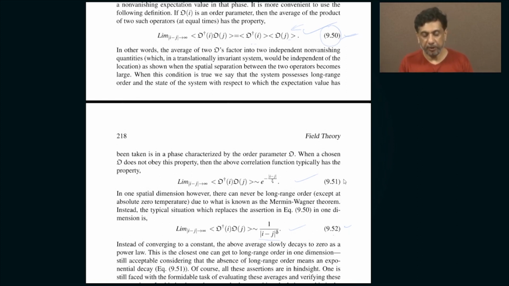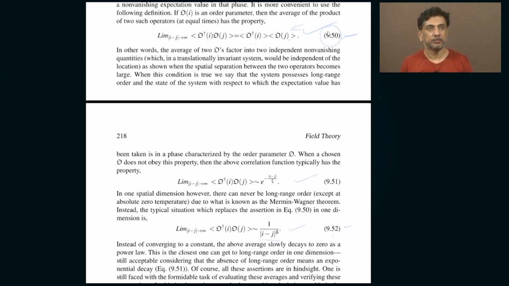See, 9.51 tells you that the correlation between I and J exponentially decays as I moves away from J, whereas 9.50 says that they are always correlated.